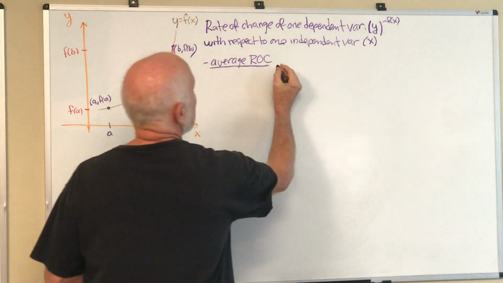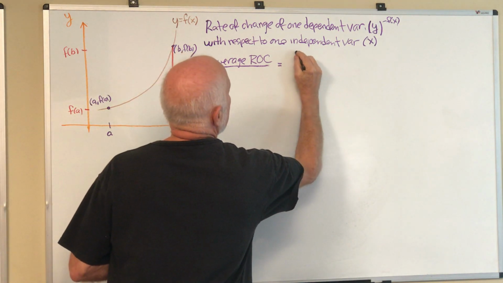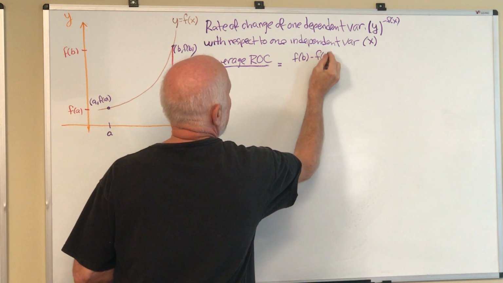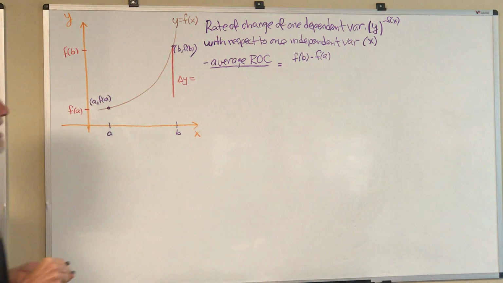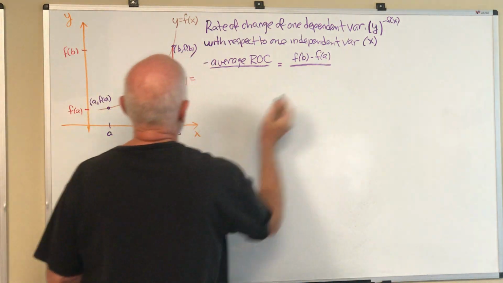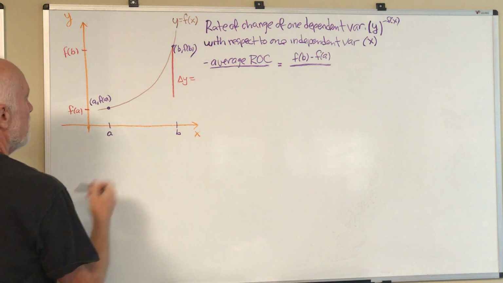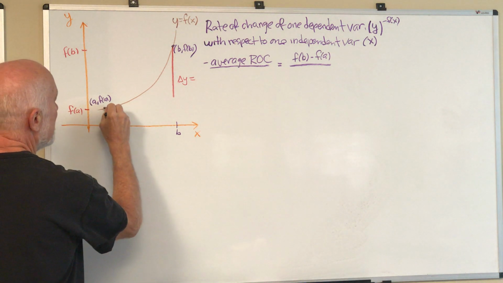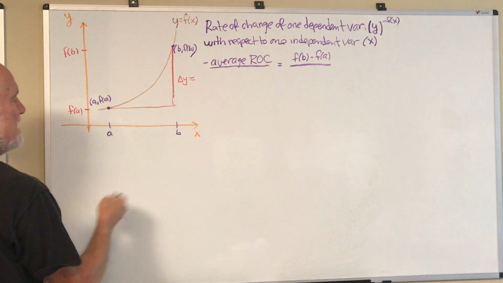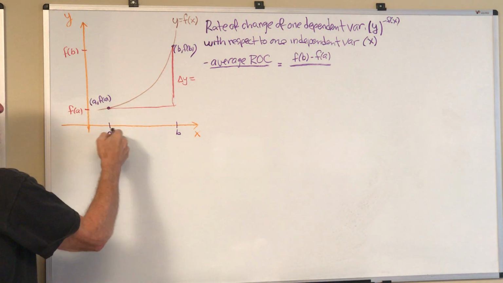So I could write f of b minus f of a. That's the change in y. And then I can divide that by the change in x. The change in x is going to be from here to here. So that's going to be b minus a.